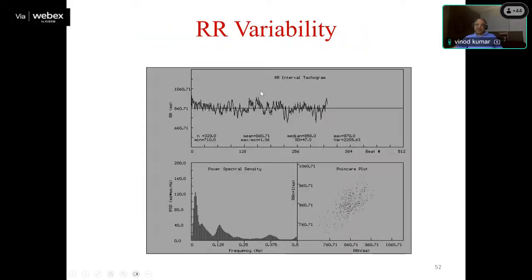This is RR variability, this is the RR signal, and this is the power spectrum. Another thing we try to find out is the Poincare plot. In time domain, we are measuring variation. I told you about two types of variation, one short time and another long time, one for 0.5 minute, another for 5 minutes.